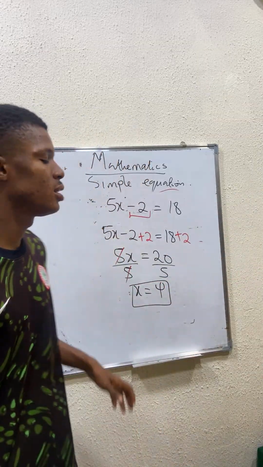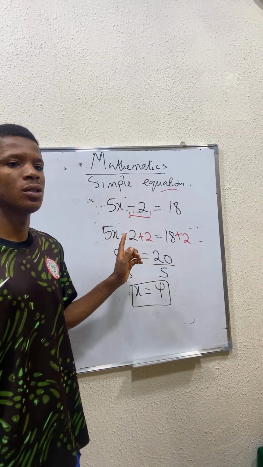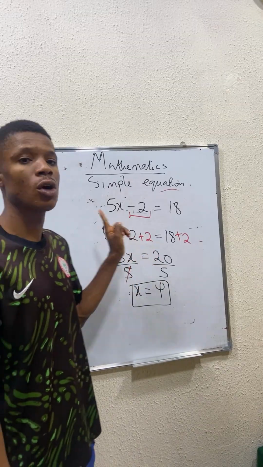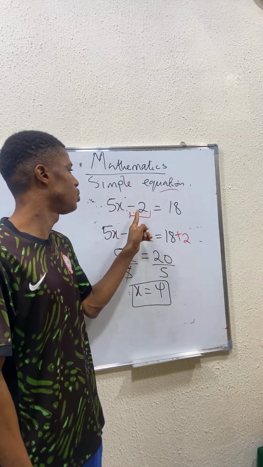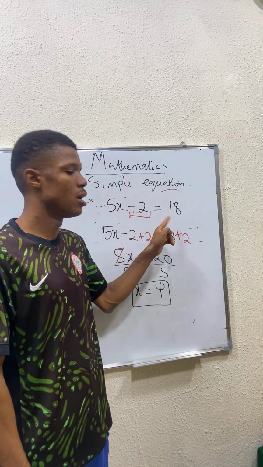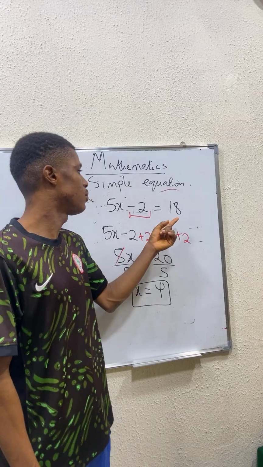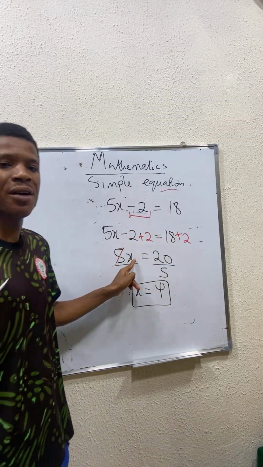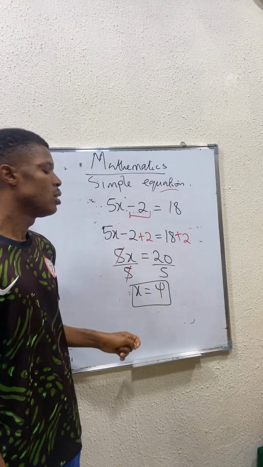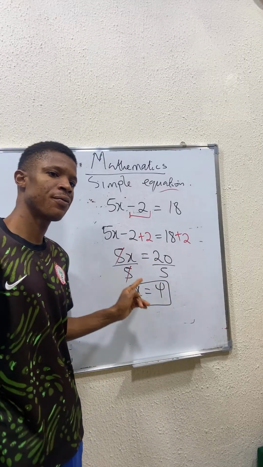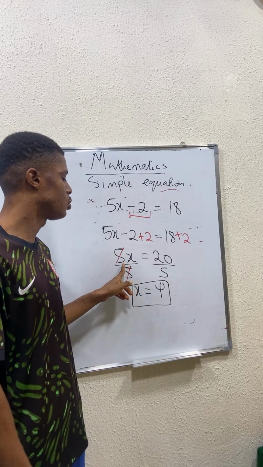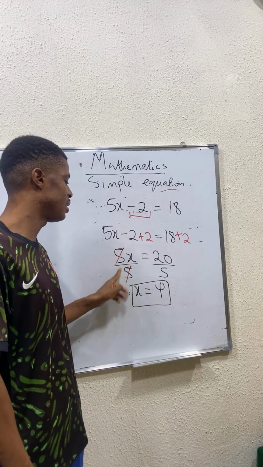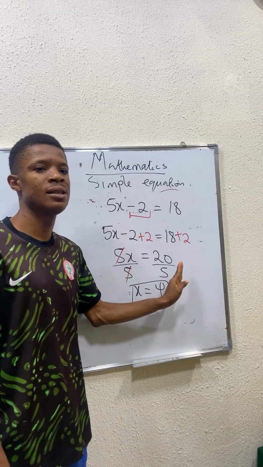So this is clearly a simple equation. The first thing we have to do is to collect like terms. So you see we subtracted 2 from both sides. After that, we landed that 5x is giving us 20. You notice that the coefficient of x, which is the 5, to get it out, we divided the left hand and the right hand side by what?